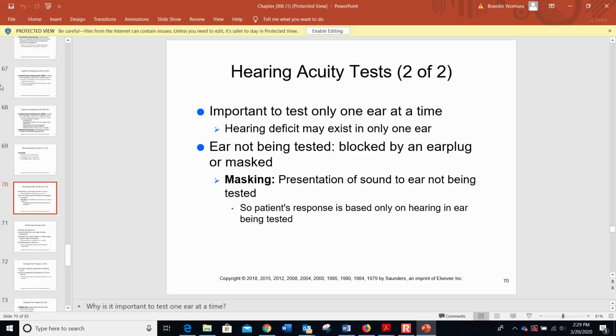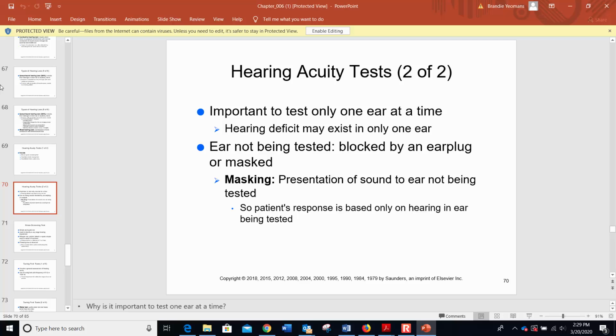So when we're looking into the ear with an otoscope, we're looking down to see the tympanic membrane, which is the eardrum. Remember, we want to see, how does that tympanic membrane look? Is it still intact? Is it torn? Is it bulging? All that good fun stuff.